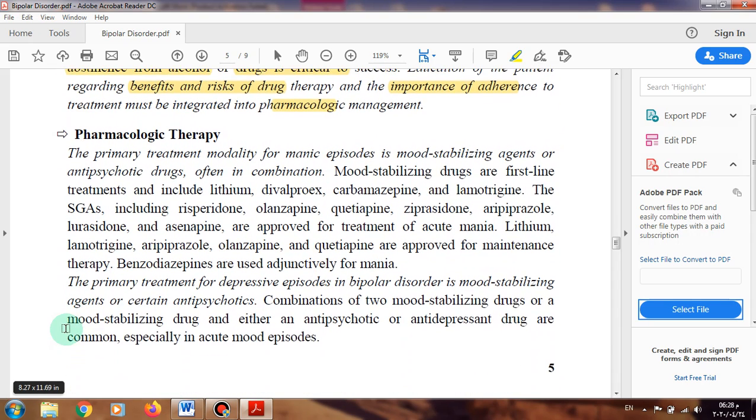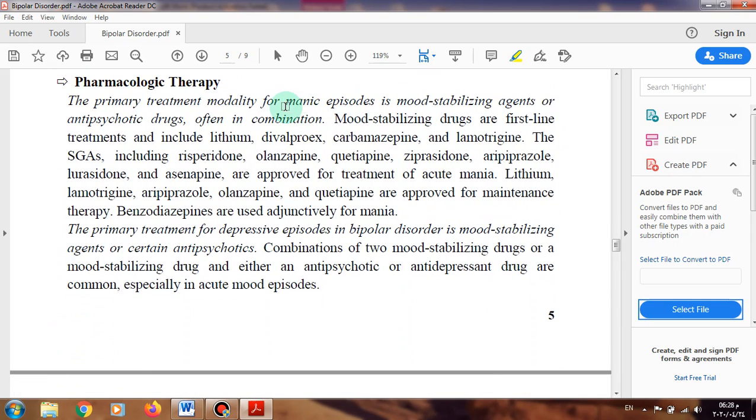The primary pharmacological treatment modality for manic episodes is first of all mood stabilizing agents in combination with antipsychotic drugs. So first, to treat manic episodes, I give mood stabilizing agents along with antipsychotic drugs. The primary treatment for the depressive episodes, the second condition in bipolar disorder, is also mood stabilizing agents with certain antipsychotics.